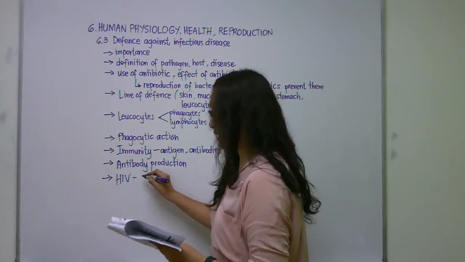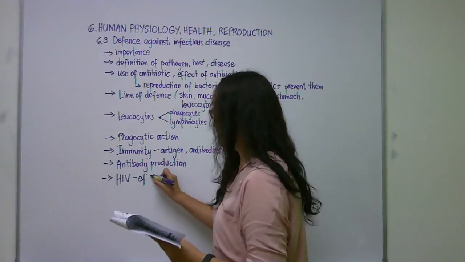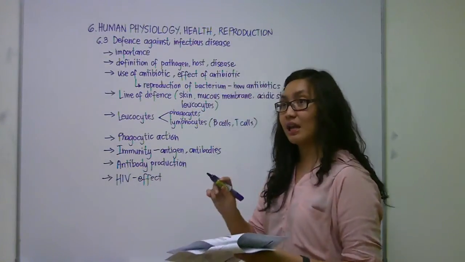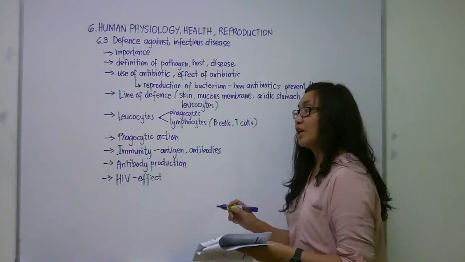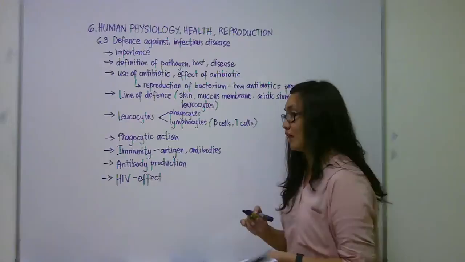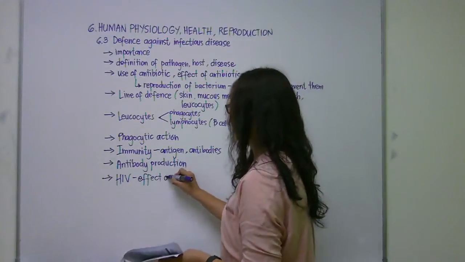We need to discuss the effects of HIV on the immune system, how the virus itself is able to decrease the number of lymphocytes that are able to produce healthy antibodies.